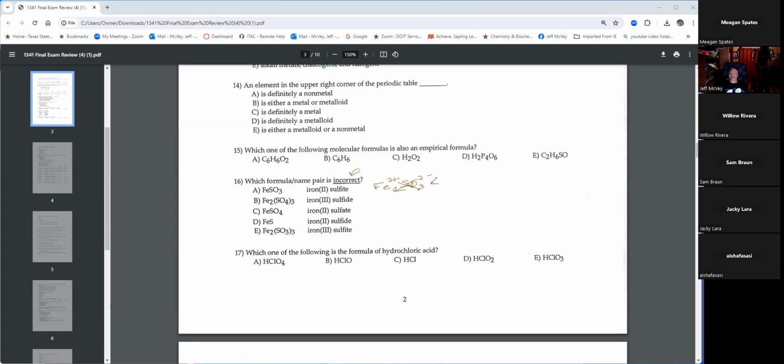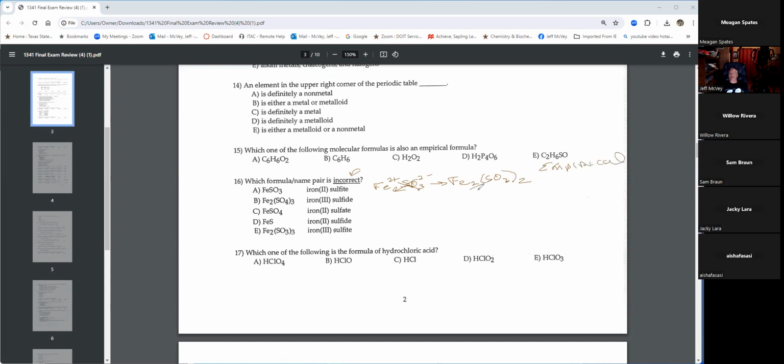You can do the crisscross, and if you did the crisscross, that would give you Fe2(SO3)2. But there's something wrong with this formula because this is an ionic compound. How do you always write ionic compounds? You always write them as empirical formulas.